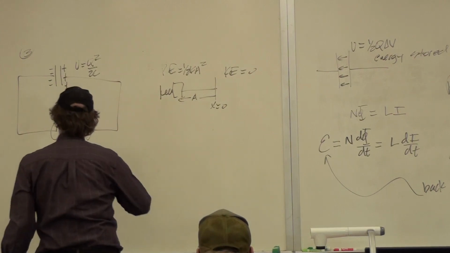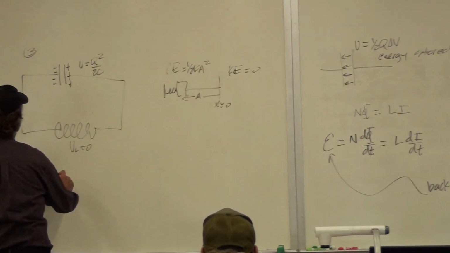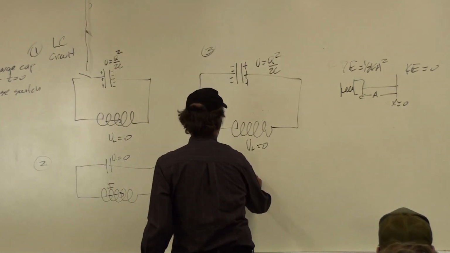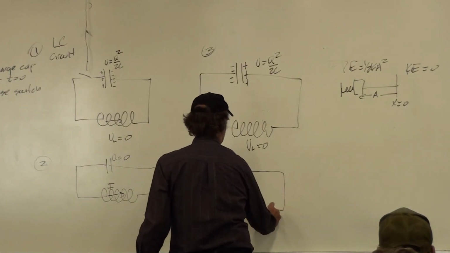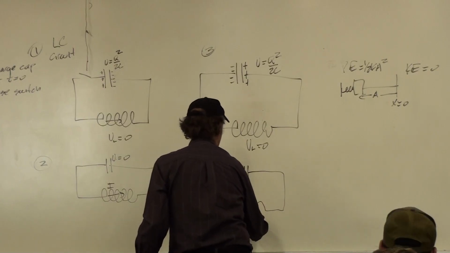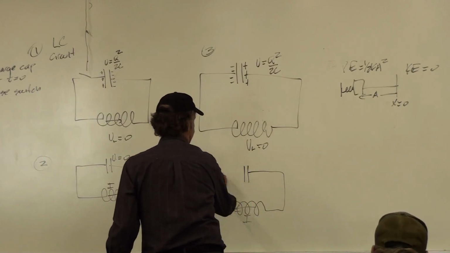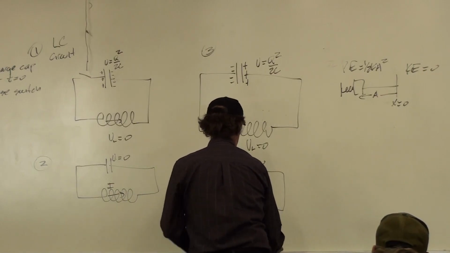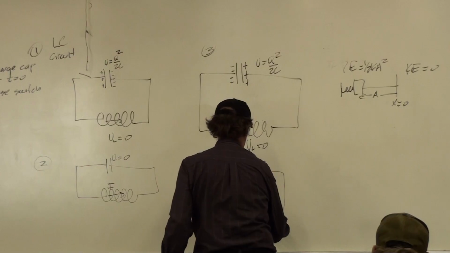And then it'll discharge again until we get to point 4. So at point 4, now the capacitor is completely discharged, and now the current's going through this way, through the inductor. So U is equal to 0 on the capacitor, and U here, for the inductor, is 1/2 Li squared.